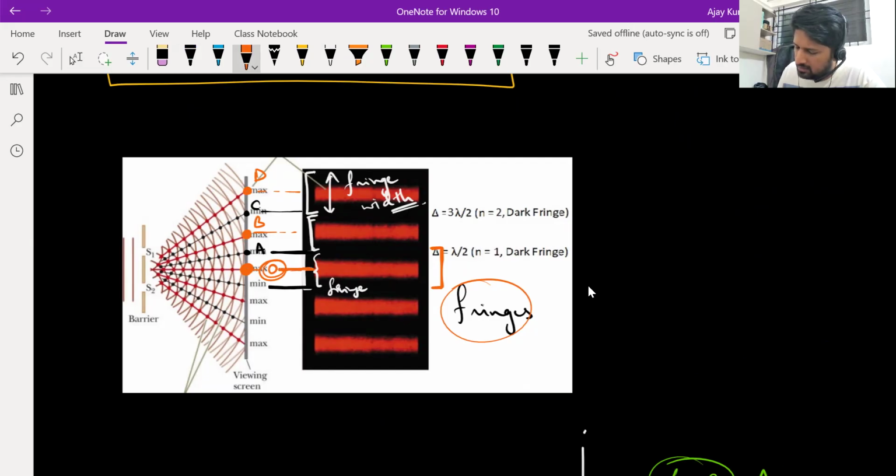O is bright, and on either side of O you will find two dark bands. After the dark bands, if you continue moving along the screen, you will again find two bright bands and so on.